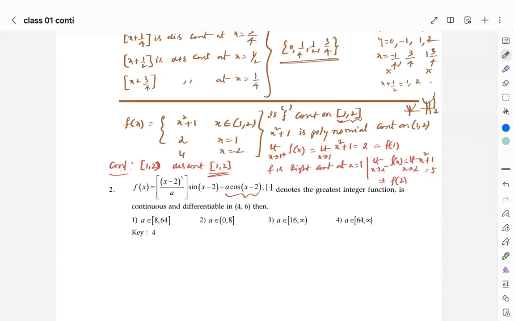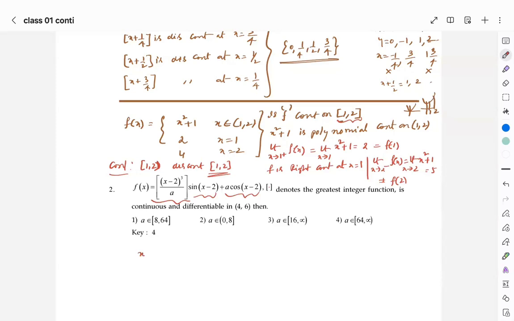Cos function, no problem, it is continuous. Sine function, no problem. But here you have a greatest integer function. As long as this function is there, it is discontinuous. How to make it continuous? What we have to do is eliminate that. If you don't eliminate it, it becomes definitely a discontinuous function.